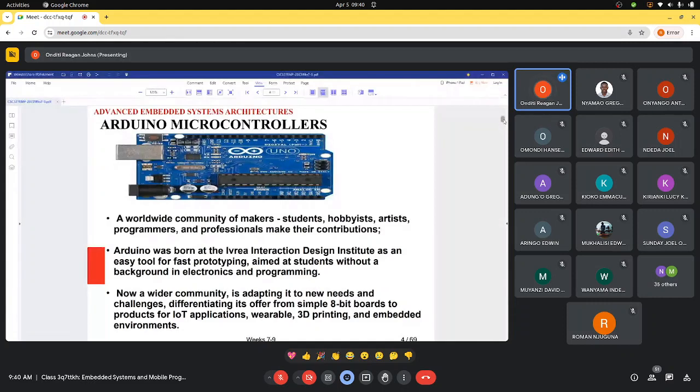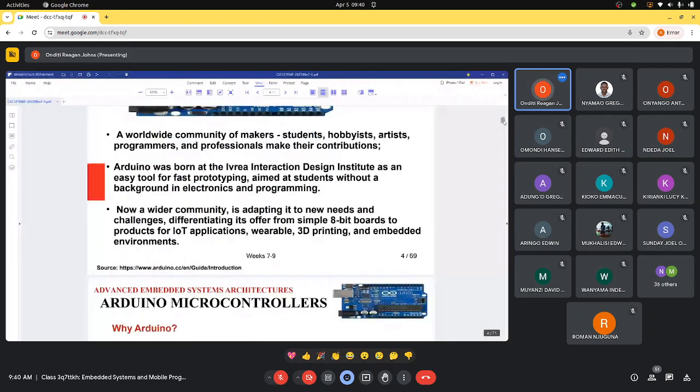With that, bring it in here and you will be home and dry in terms of how many bits can move from the microcontroller to the input-output interface, and you will be able to automate or produce an IoT, wearables, 3D printing, and even a basic environment for the embedded system.